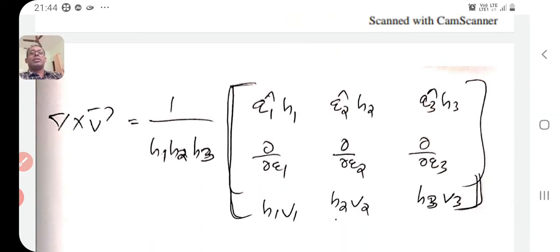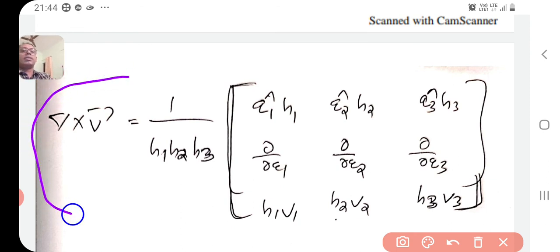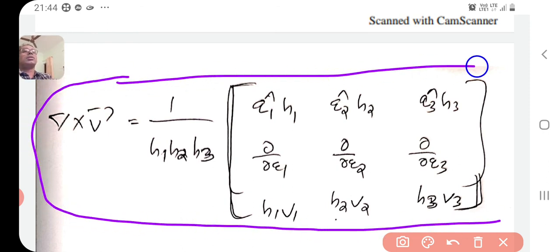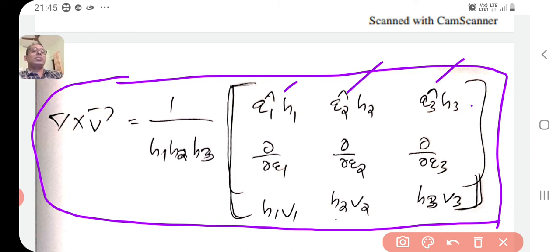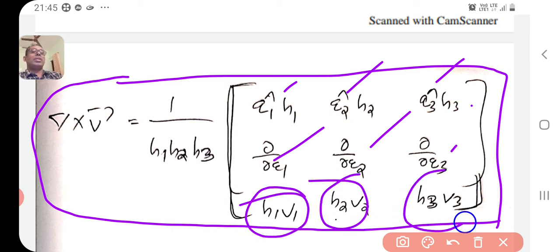All these can be combined in this fashion. Del cross V is equal to 1/(h1 h2 h3) times the determinant with rows: h1 q1, h2 q2, h3 q3, which are unit vectors; ∂/∂Q1, ∂/∂Q2, ∂/∂Q3; and h1 V1, h2 V2, h3 V3.